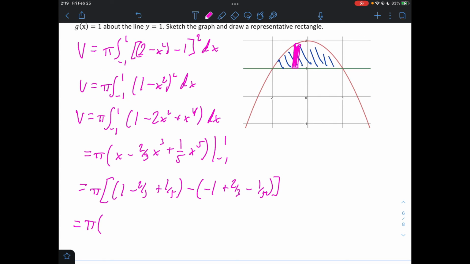So that's pi. 1 plus 1 is 2. Negative 2/3, negative 2/3 is minus 4/3. 1/5 plus 1/5 is 2/5. All right, the common denominator there would be 15. So 30 over 15 minus 20 over 15 plus 6 over 15 would be 16 pi over 15.